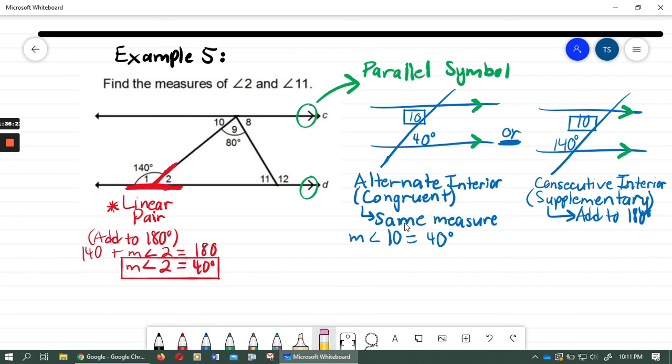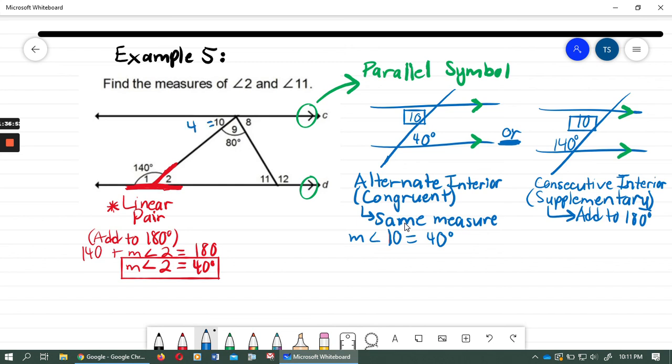Now that we know what the measure of angle 10 is, we should be able to find out what the measurement of angle 8 is, and I'm going to show you that momentarily, because we're using the information that we know to find out more information about this diagram.